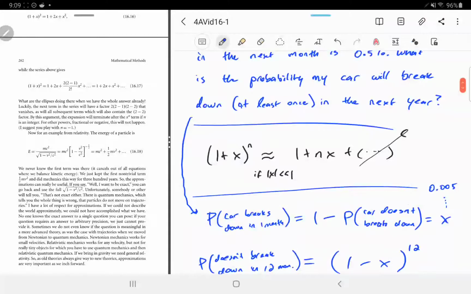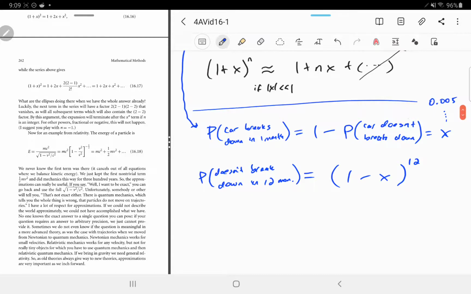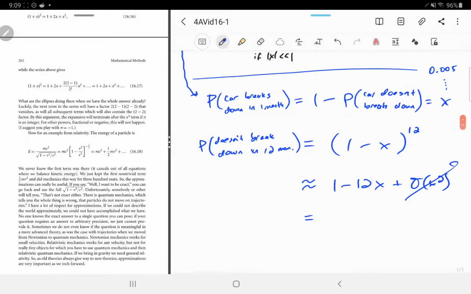So now you can start to see why you might be using the binomial series approximation. This is approximately 1 minus 12x, and we're ignoring terms of order x squared. So the probability that the car doesn't break down is going to be 1 minus 12 times 0.5%.